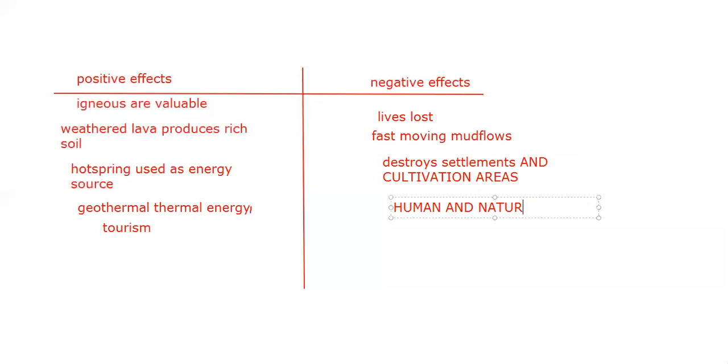Human and natural landscapes are destroyed. And sometimes these can be destroyed forever because the lava can also burn into the soil and then you'd lose nutrients from the soil. Therefore, no plant would grow there, no animal would live there, and no farming happens there.